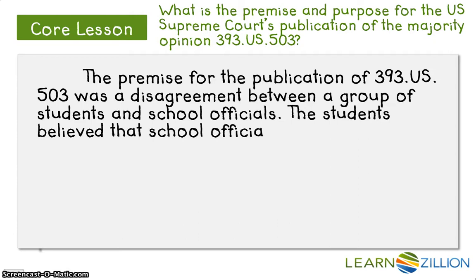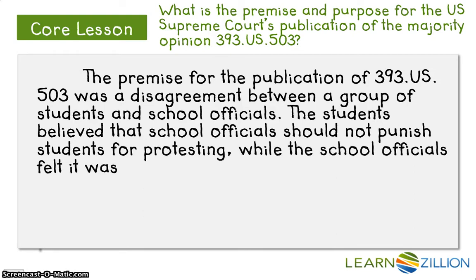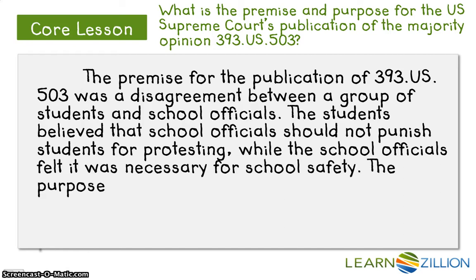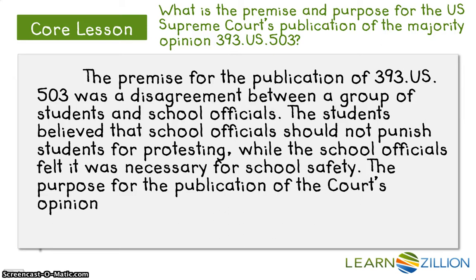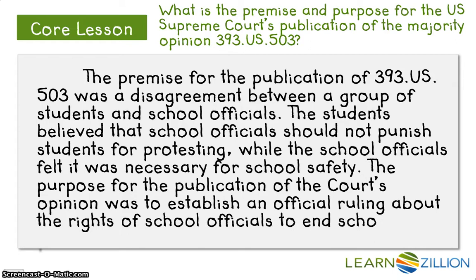We took notes that the students believed school officials should not punish students for protesting, while the school officials felt it was necessary for school safety. The purpose for the publication of the court's opinion was to establish an official ruling. Was it within the rights of school officials to end school protests?